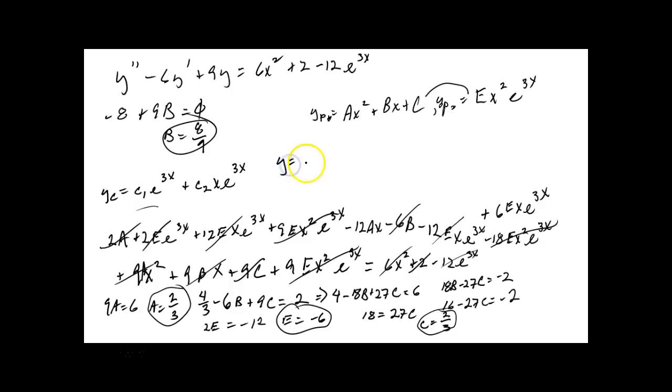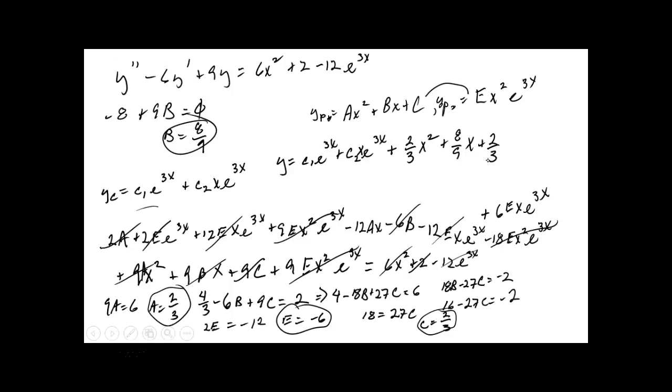Y is equal to c1 e to the 3x plus c2 x e to the 3x plus your a was 2/3 x squared, your b was plus 8/9 x, your c was plus 2/3.